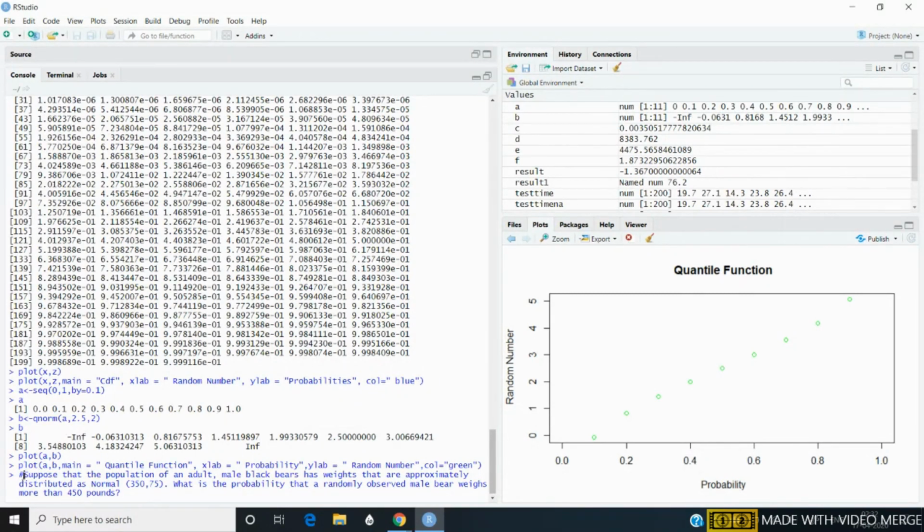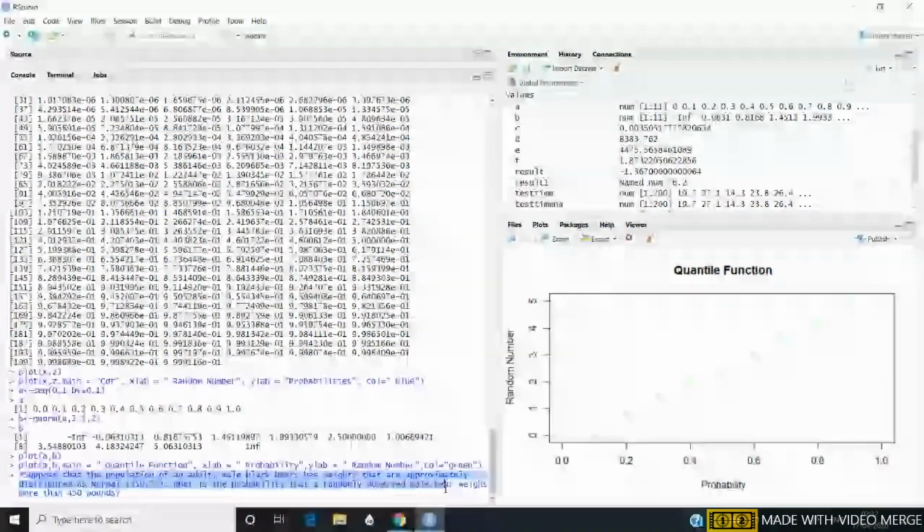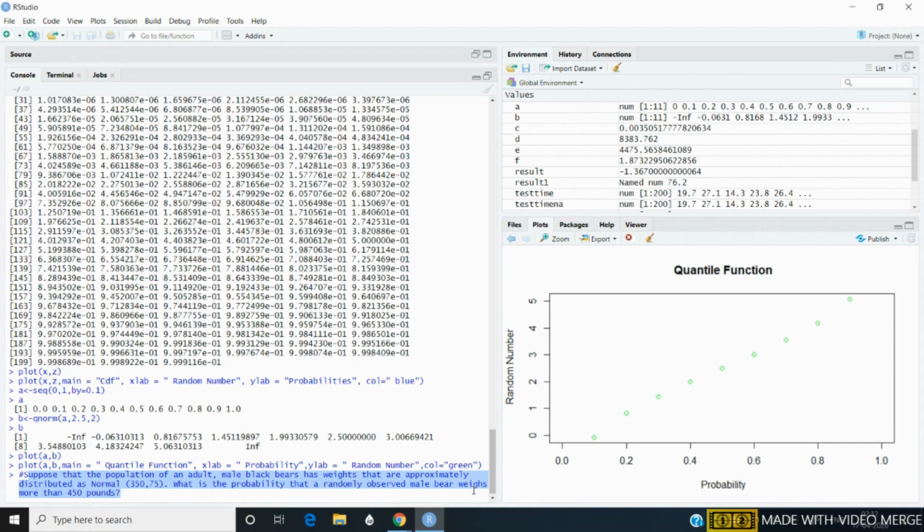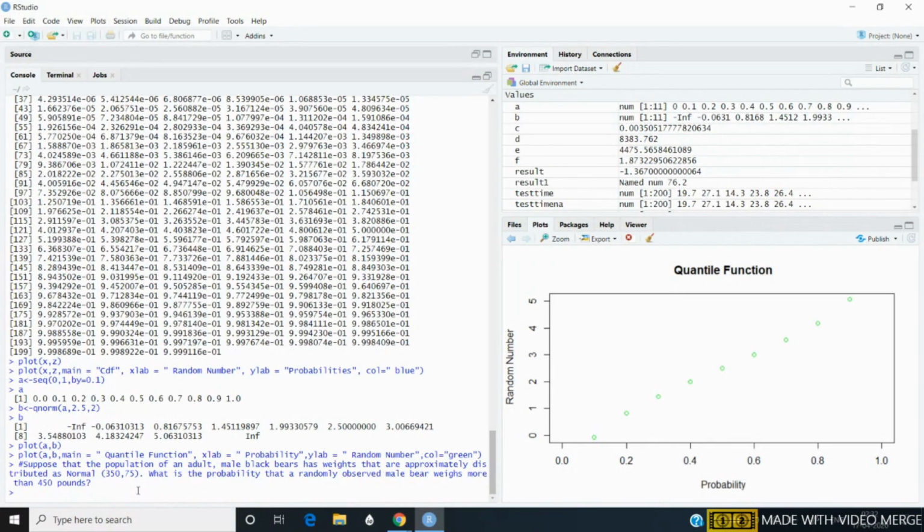Suppose the total population of adult male black bear has weights that are approximately distributed normally with 350 and 75. What is the probability that a randomly observed male bear weighs more than 450? Now we know that the weights are approximated as a normal distribution with mean 350 and the standard deviation is 75.